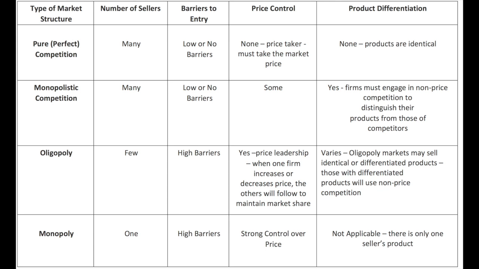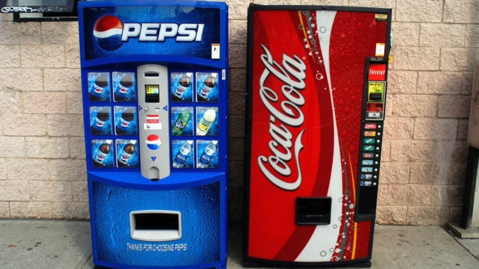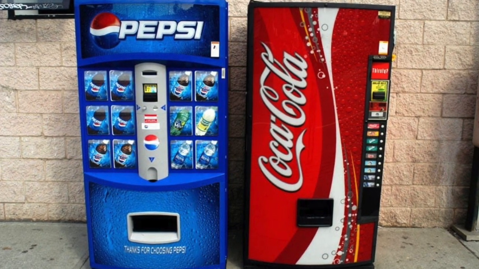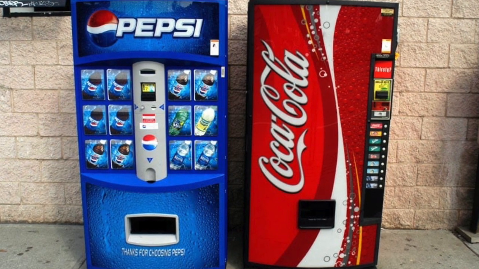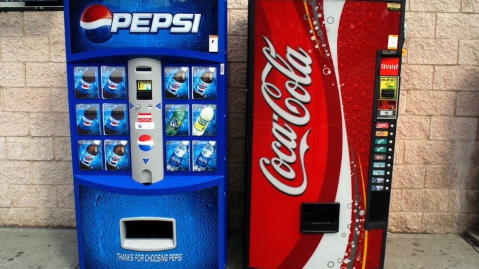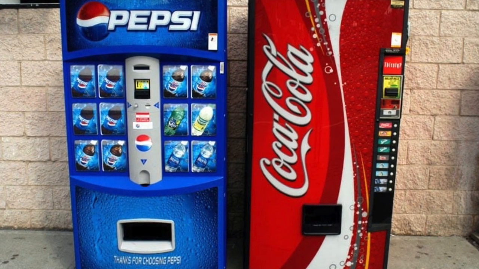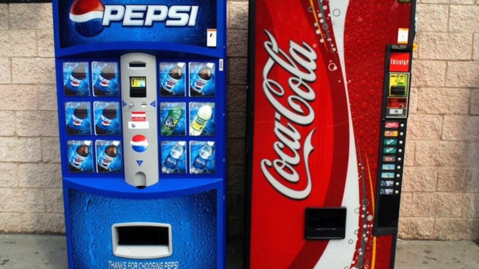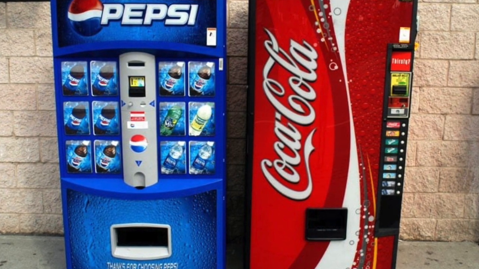Of course, some competition comes along anyway, but that also helps to explain why you'll see a Pepsi machine and a Coke machine next to each other, and the price is pretty similar. The Xbox One and the PlayStation, when they first came out, prices were relatively close, although one was a little bit more expensive than the other. And when you look at things like cell phones, prices are somewhat similar.